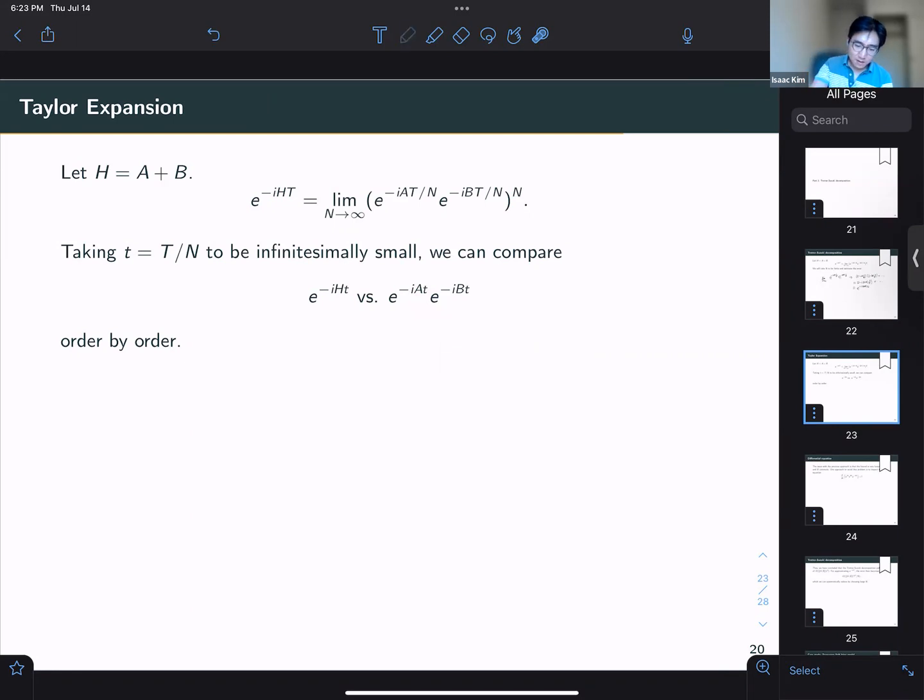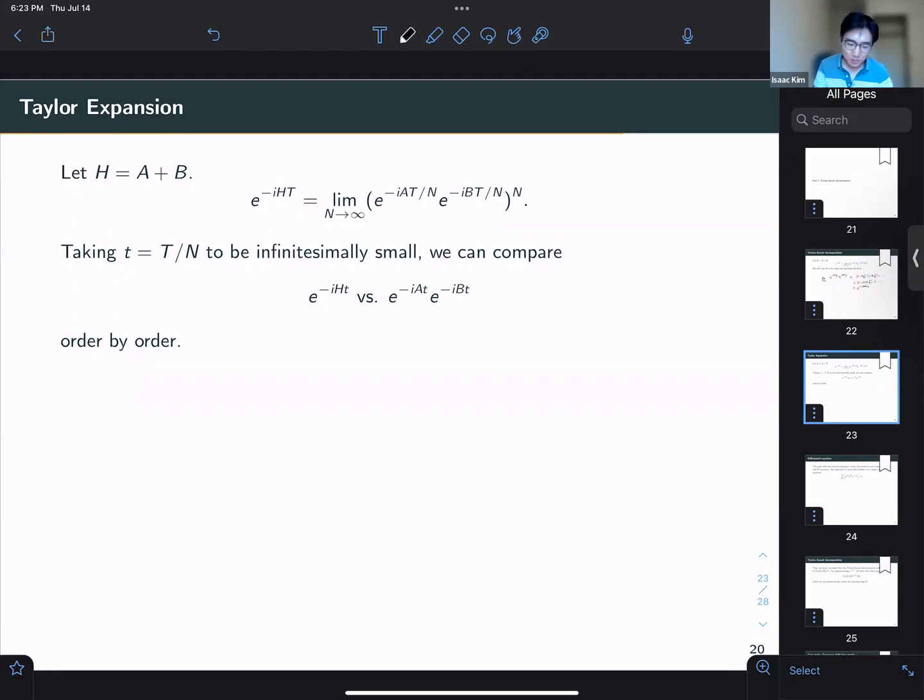It is not too difficult to convince yourself that, at least as t goes to a very small number, the left-hand side and the right-hand side will be very close to each other. The basic reason is that we can simply Taylor expand both sides and compare them order by order.